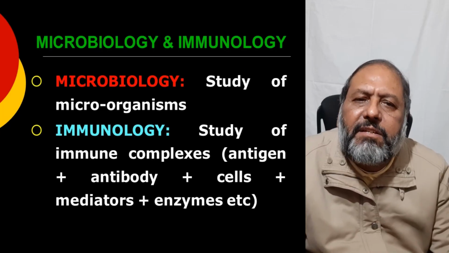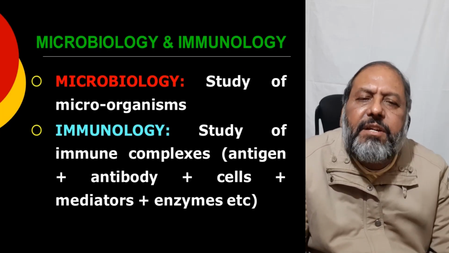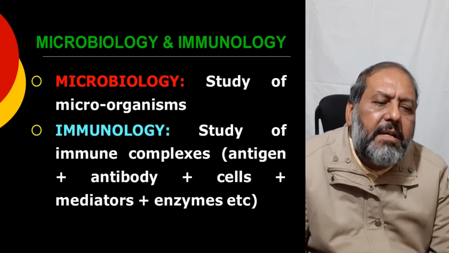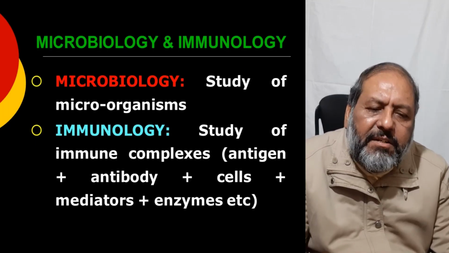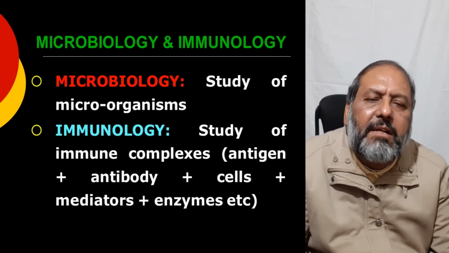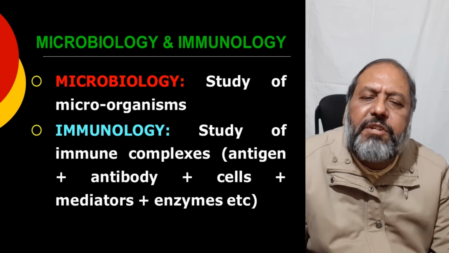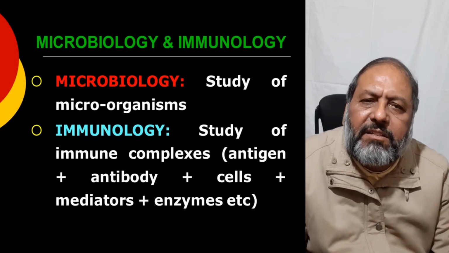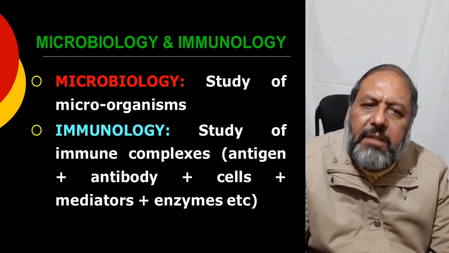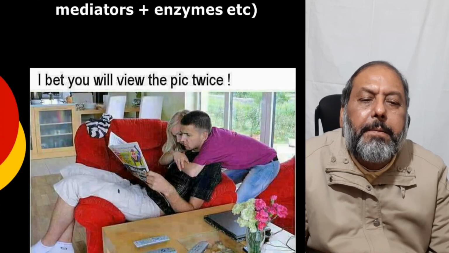The immune complexes are basically the antigen and antibody plus cells plus the mediators released by these cells and the enzymes which take part in the formation of these complexes. So that is covered under immunology.